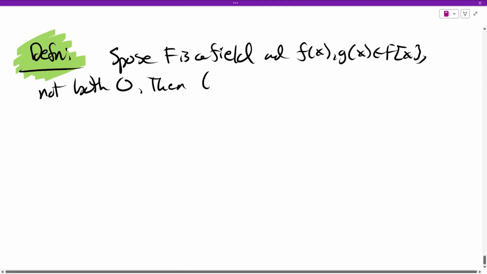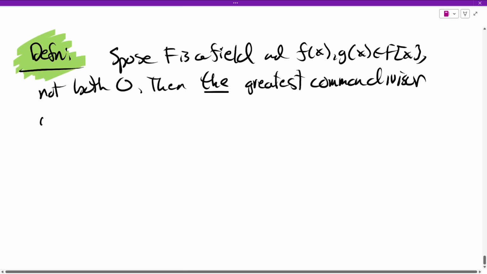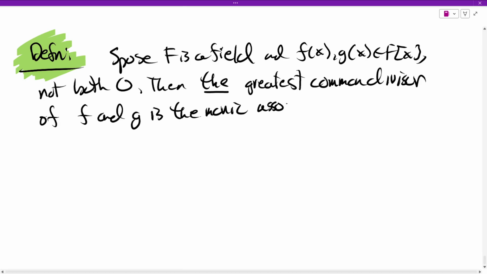Then the, emphasis on the, greatest common divisor of f and g is the monic associate of a greatest common divisor.